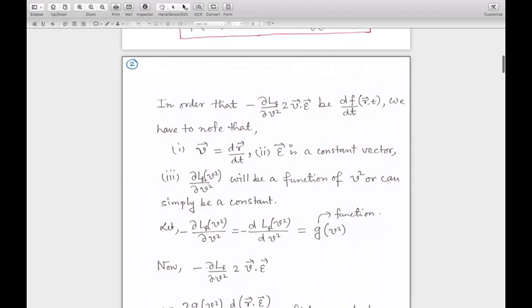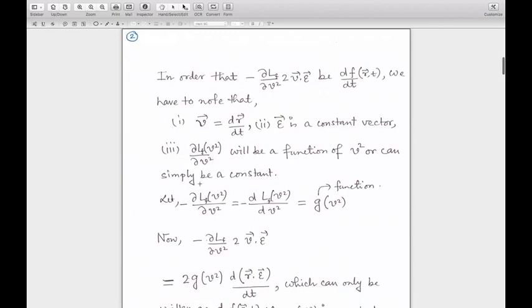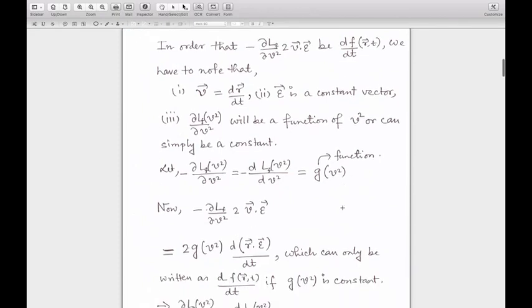Now, ∂L_F/∂(v square) is a function of v square, or it can be a constant. Since L_F is only a function of v square, I can change all the partial derivatives to d, and write this as minus dL_F/d(v square), which is another function of v square, g(v square), let's say.